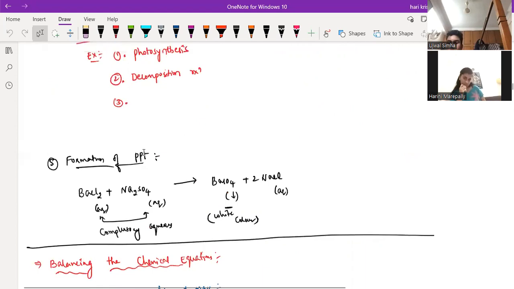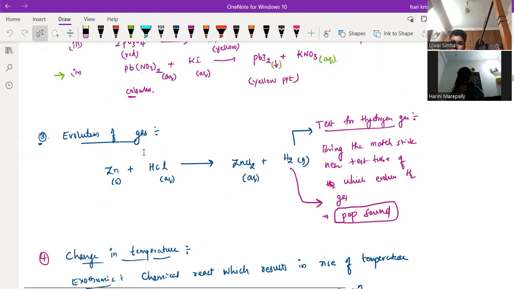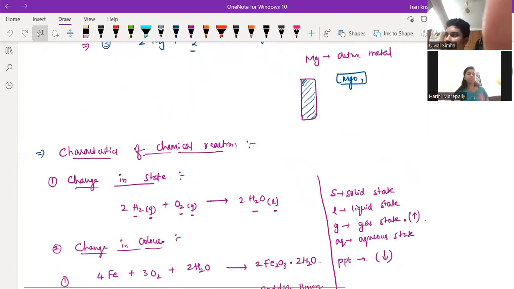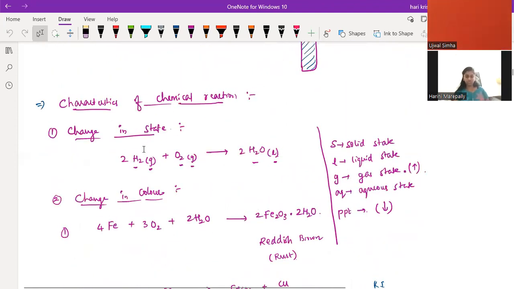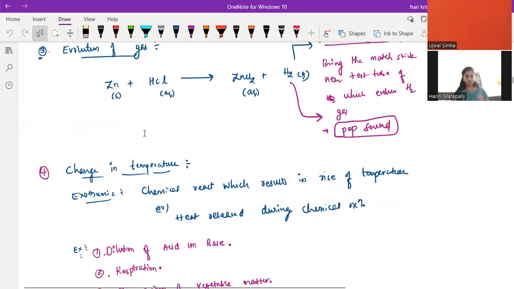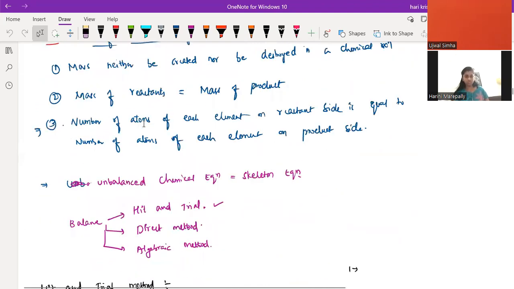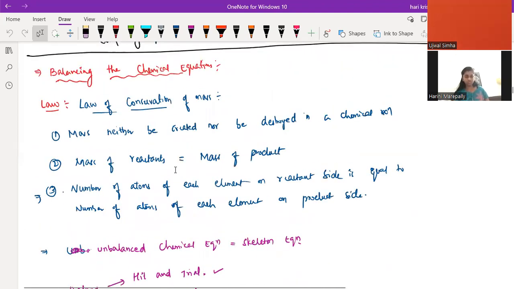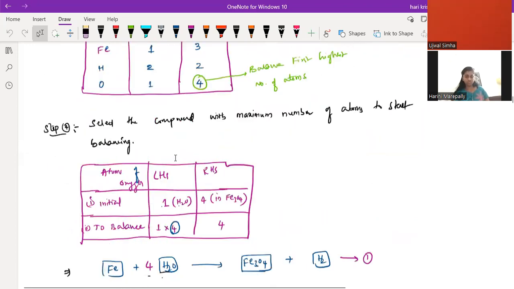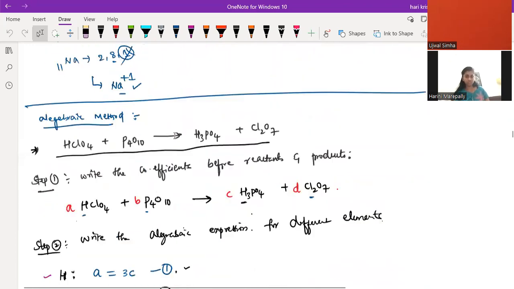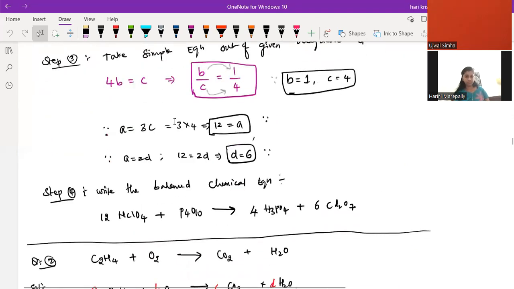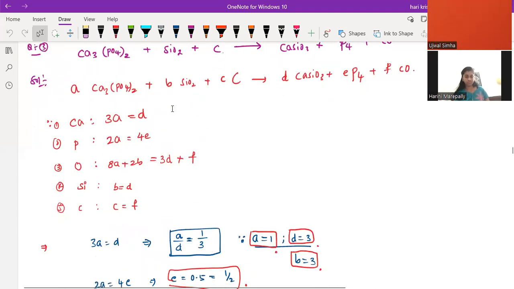So clear these characteristics of chemical reactions. Next one is the balancing of chemical reactions. We'll study that one, don't worry. But before that, we'll keep that topic aside. First, we'll finish the remaining topics, then we'll come back to that.